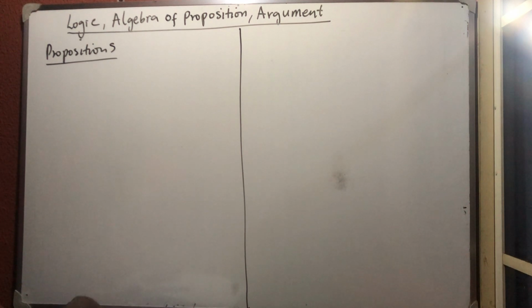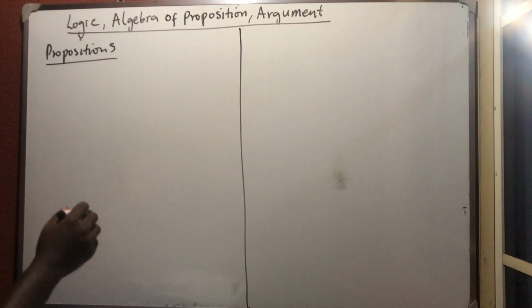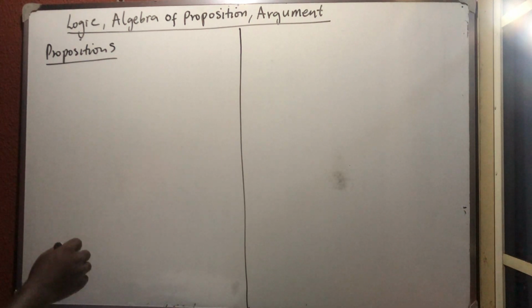So now let's talk about another thing. Let's talk about when two or more statements are joined together by a logical connection, like and, or.